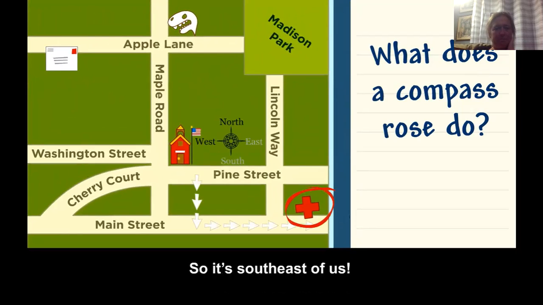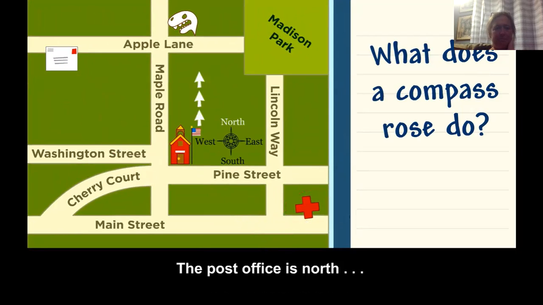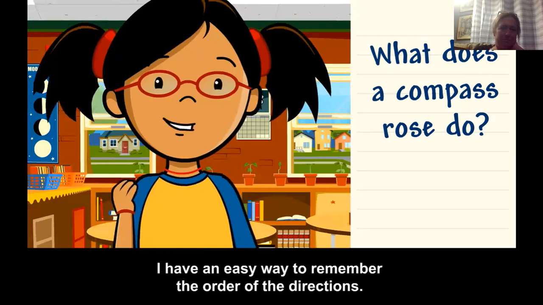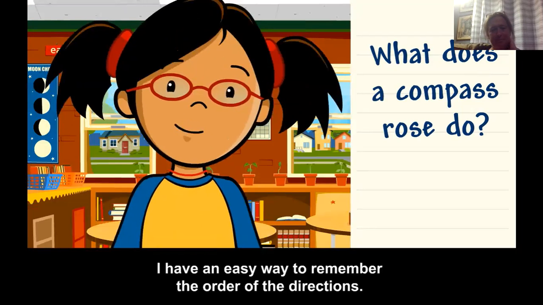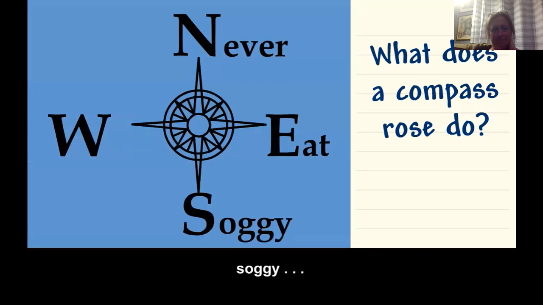So it's southeast of us. The post office is north and west. So it's northwest of us. I have an easy way to remember the order of the directions. Never eat soggy waffles.